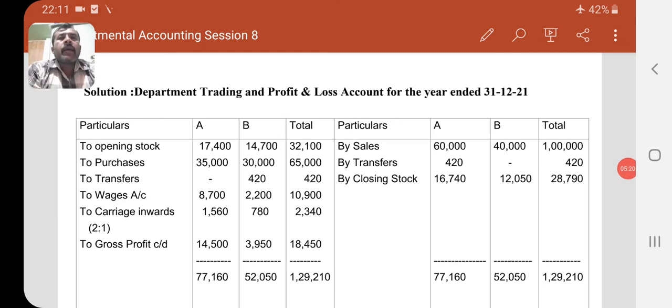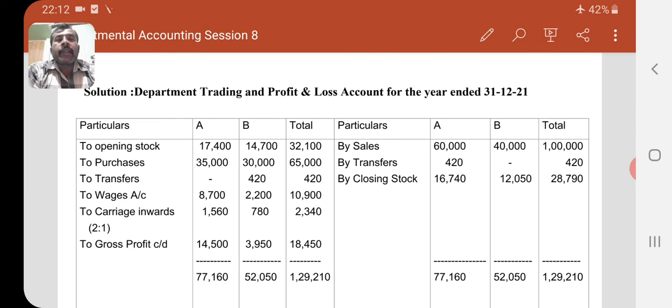From the information given in the problem, we are going to prepare trading and profit and loss account. Here the year ending is 31st March 2021. First we are going to prepare the trading account.